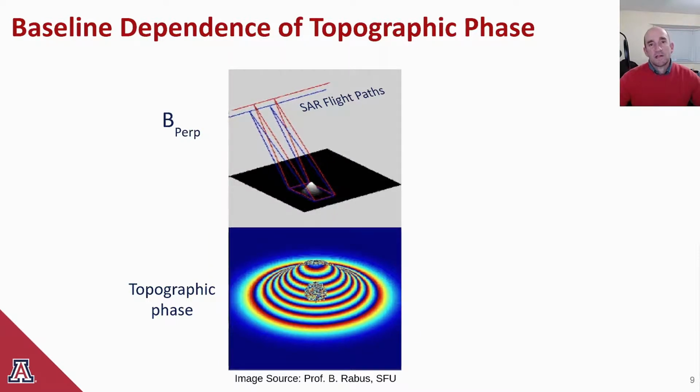So as I continue to move the orbit paths further apart, I see more and more fringes for the same mountain. There is no displacement here. All of this is purely due to the increase in B-perp. The depth perception of the system is increasing because its eyes are getting wider apart.